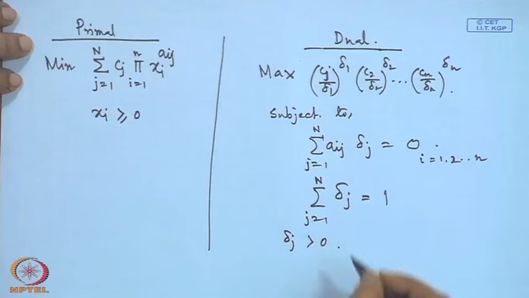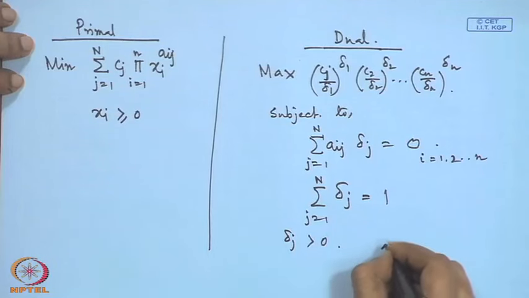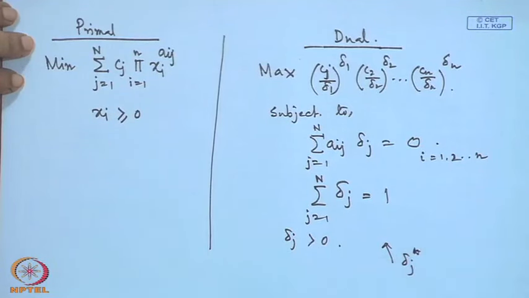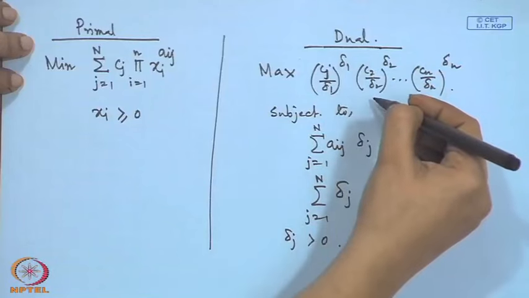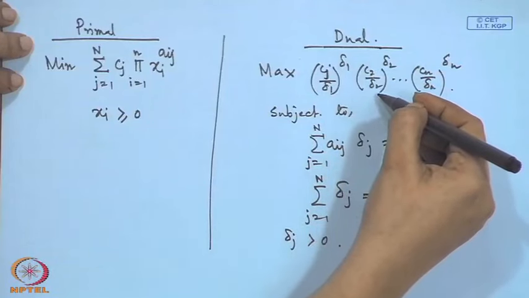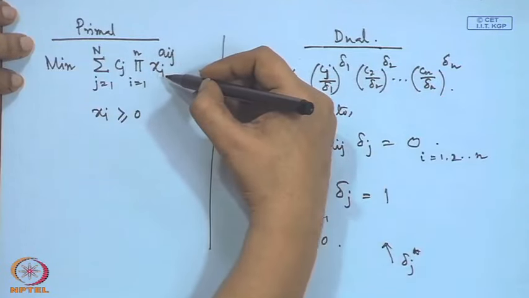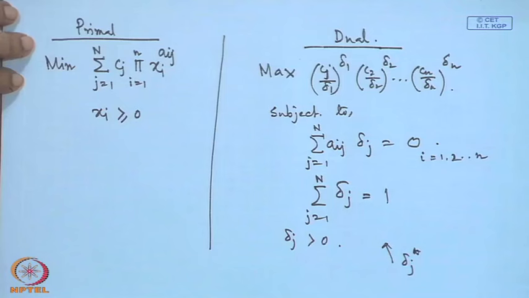Whatever solutions we get, the delta_j's are the optimal solutions, and the objective functional value we get from there is the same as the minimum objective functional value of the primal problem. That is the beauty of the geometric programming problem.